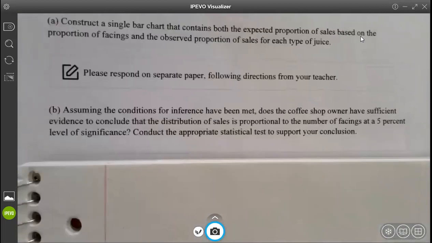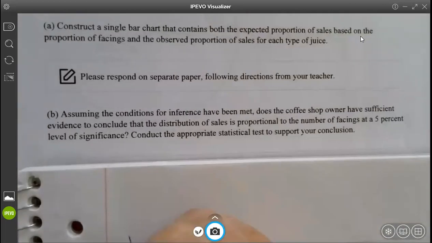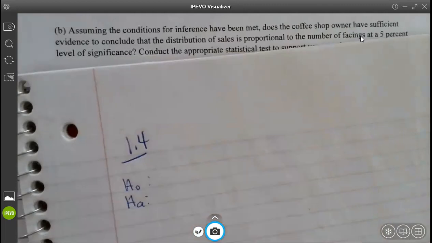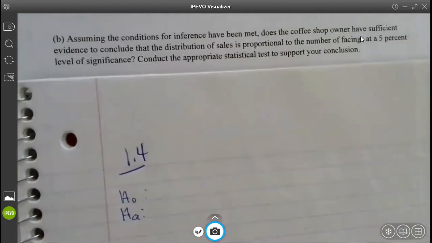So the first thing that you need if we're doing a statistical test, this is your 1.4, are your hypotheses. Some of you did this, most of you did not. So what are we trying to decide? What did it ask you? If what?